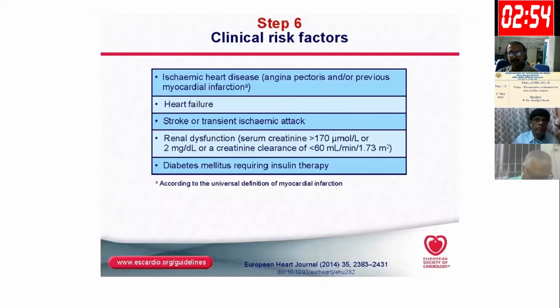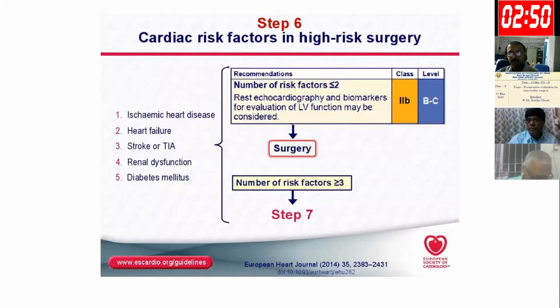So I have already discussed the clinical risk factors, and there is another step. This has been incorporated by the ESC. If the number of risk factors is less than 2, then the resting echocardiography and biomarkers for evaluation may be done, and in this case we can proceed for the surgery.